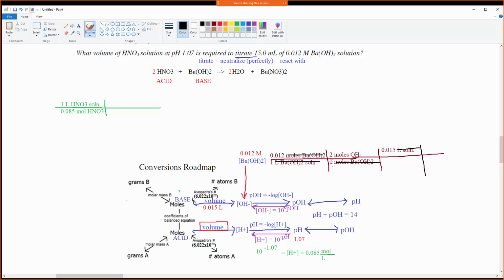Good, and we got the 1:2 ratio right here. Like I said, if we go this direction, then that takes it into account. Otherwise, we could do it here, but you wouldn't want to do it twice, right? Now we've got just the moles of hydroxide. How many moles of hydroxide are going to react with my HNO3 solution?